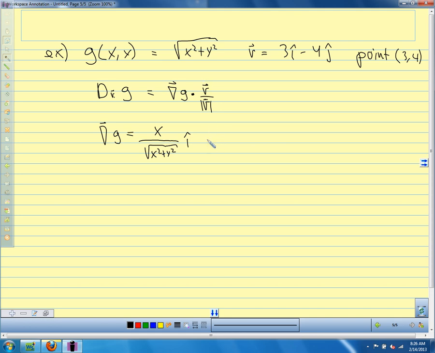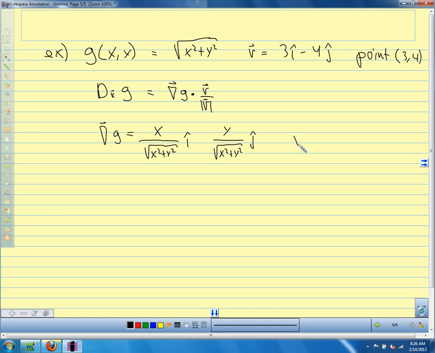And it's symmetric with y, so the partial with respect to y is just going to be y over the square root of x squared plus y squared, j hat. Yeah, the 2 from the x cancels with the 1/2 from the square root.